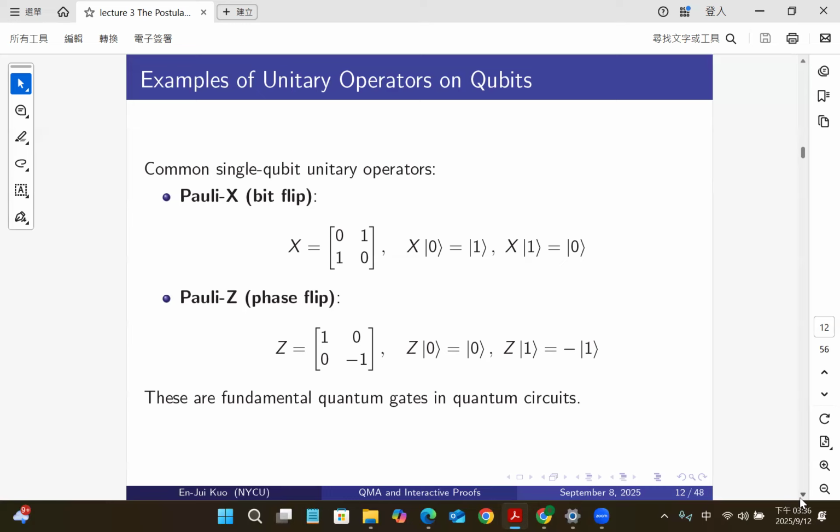So if you apply minus iXZ on 0, then you get minus i1. And then apply minus iXZ on 1, then you get i0. That should be the same as his. So that means it's minus iX.